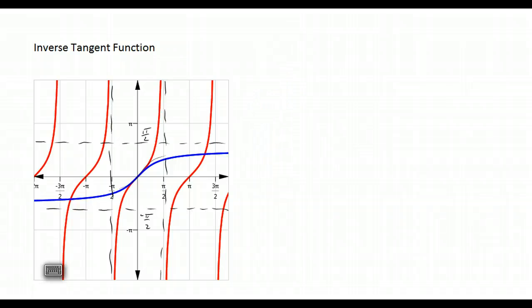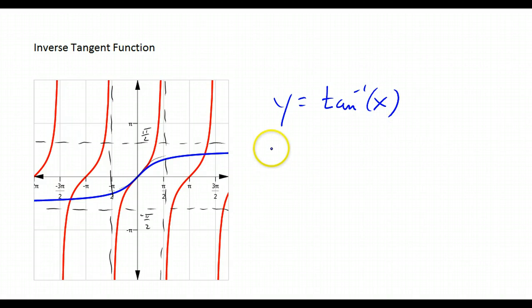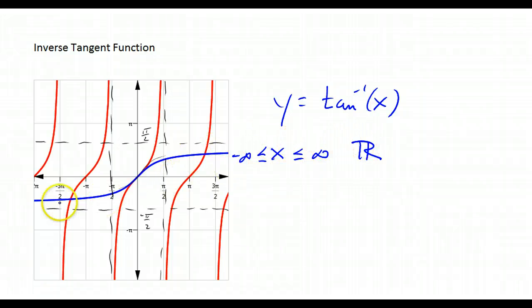So if y equals the inverse tangent of x, then that means that x is going to be between -infinity and infinity. In other words, all real numbers. See that blue? It goes forever to the right and forever to the left. And y is going to be between pi/2 and -pi/2.